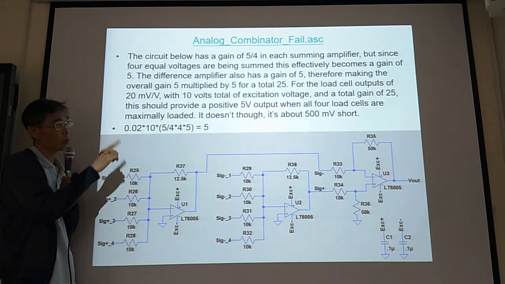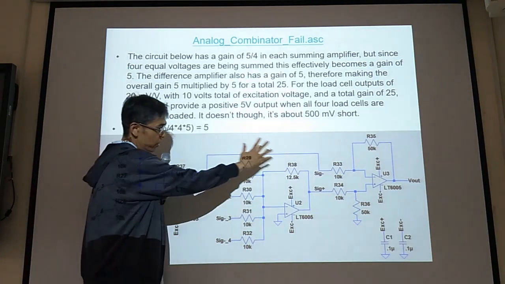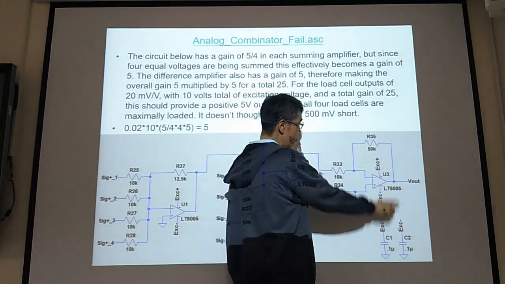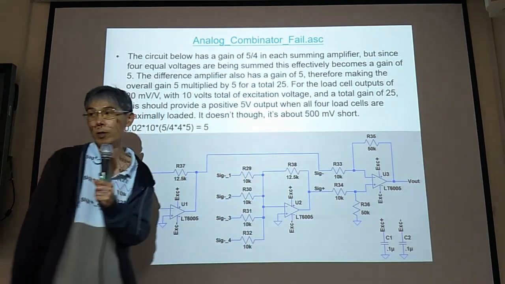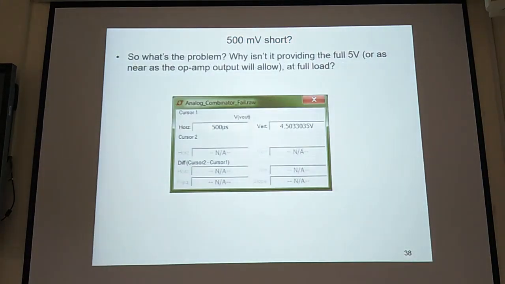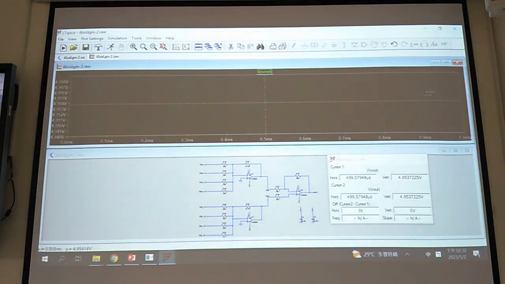So 0.2 is amplified by this two-stage amplifier, and the output should be 5 volt. But if you run the simulation, the result is around 4.5.